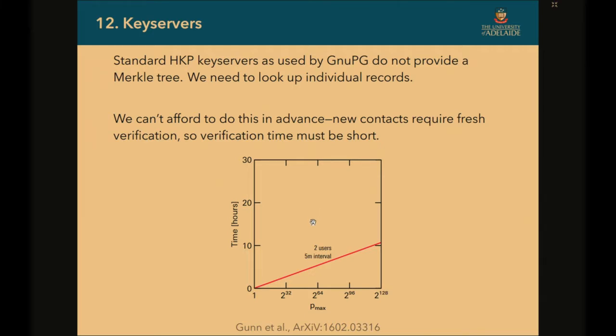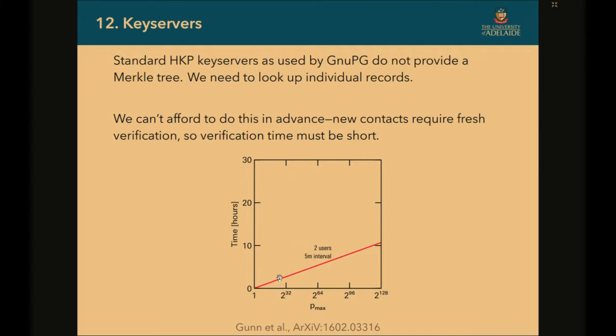So in this example, we're just going to look at 5-minute intervals. So we're making these requests every 5 minutes. Each user has to do that for their own keys, and each user also does that for users that they want to verify. So this causes quite a lot of load, and maybe this isn't a terribly practical way to do it, but it is feasible, and this is what we've implemented in our test.